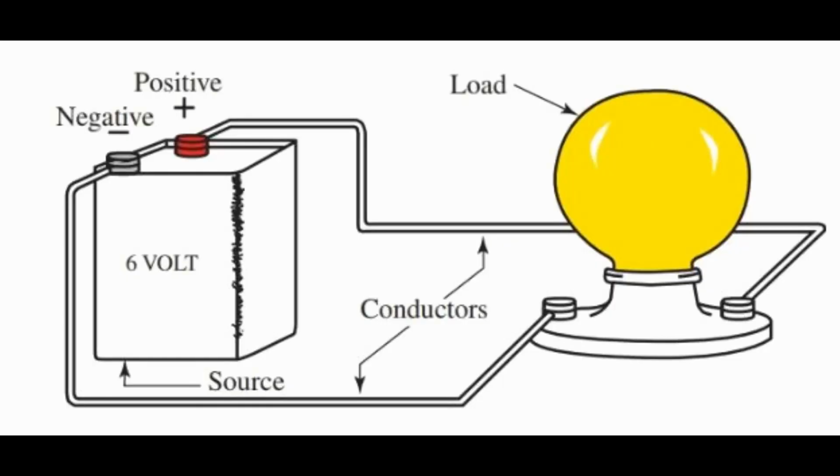To use this electricity, you have to place an instrument, for example, a light bulb or an electric motor, in that circuit. Electricity would then flow through the light bulb, making it light up, or through the motor, making it work.